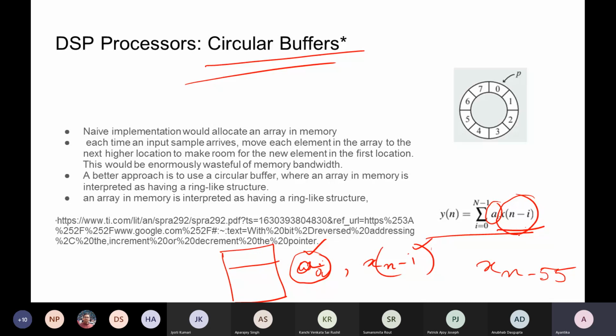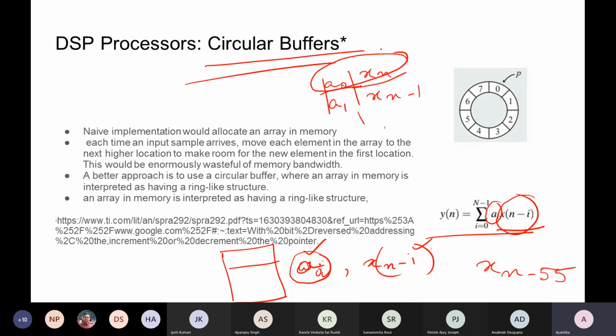But if you are allocating your memory in a linear fashion, storing this way, a0 x(n), a1 x(n minus 1), and so on, then whenever this data is not getting used, it is still filling some place and still wasting some place.